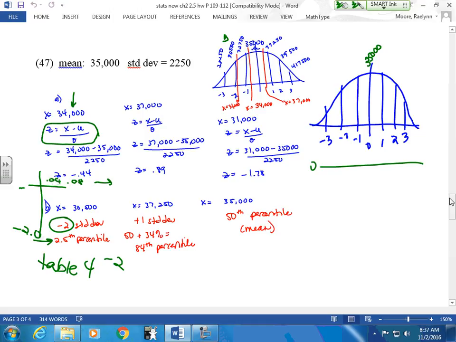What do I look across the top for? 0.09, 0.08, 0.07, 0.00. So negative 2.0 plus 0.00, doesn't that still give me negative 2? And that area, I just rounded it and moved the decimal.